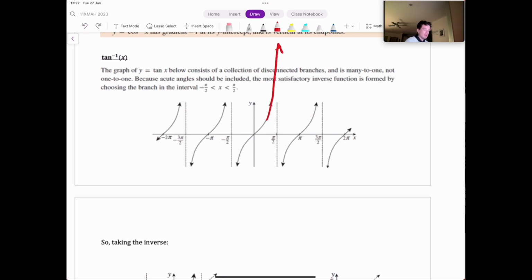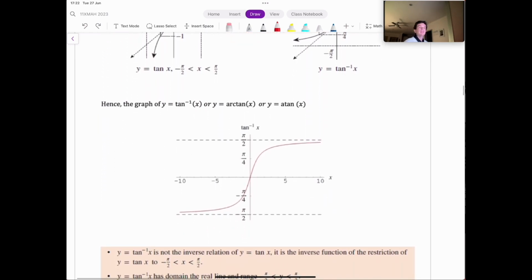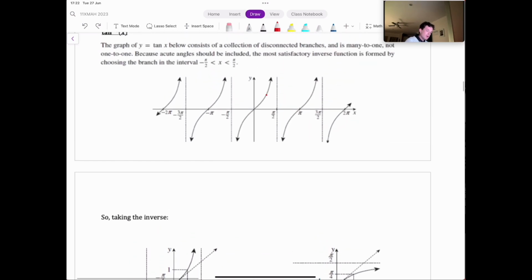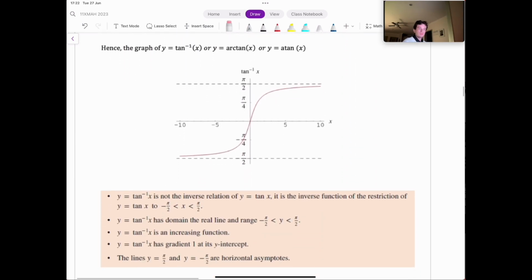So the domain of tan inverse of x, or arctan of x, or atan of x, is negative infinity to infinity, and its range is the restricted domain of the original function, minus pi on 2 to pi on 2. So we get this function.